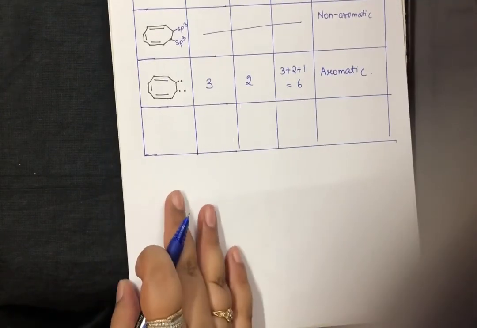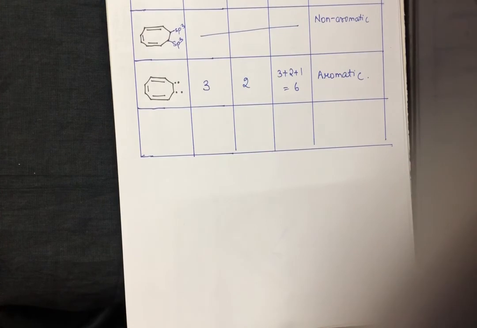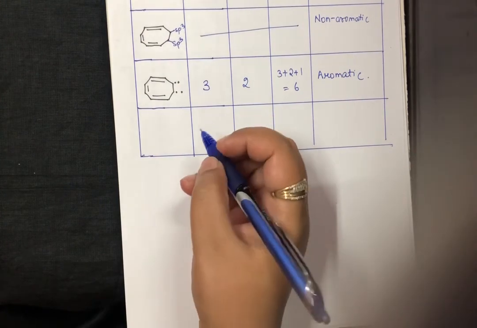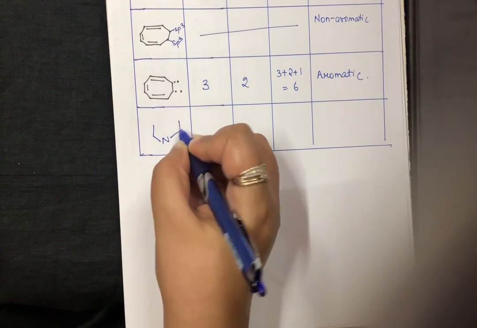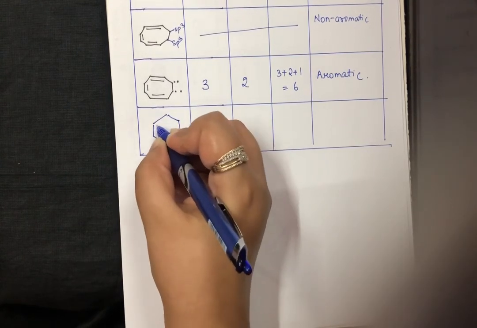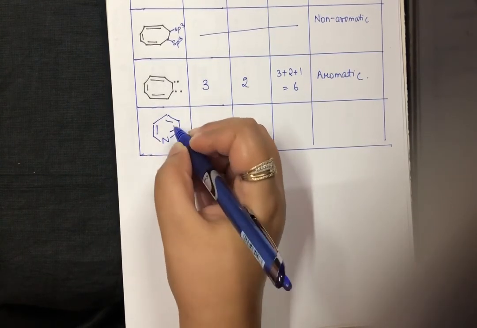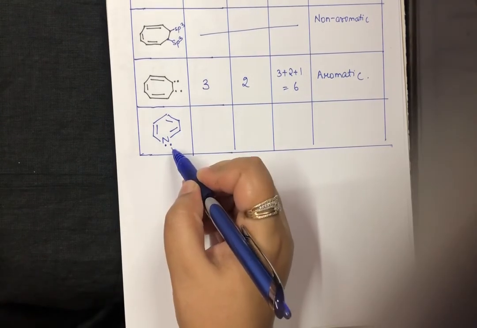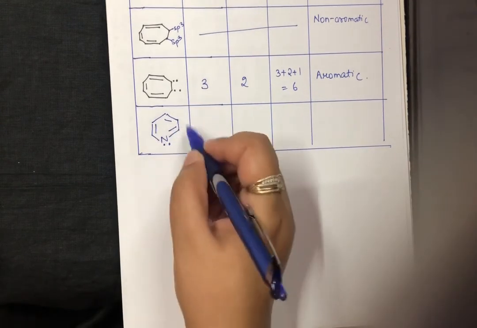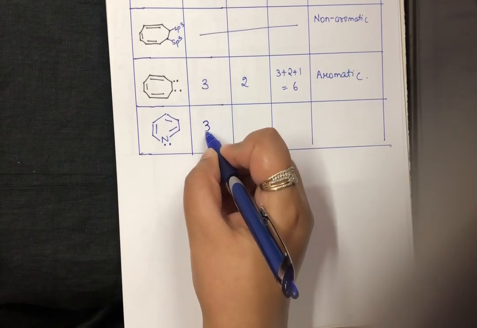Now, there are few more compounds which will be a little confusing. So I also want to take them up here. If I have a compound like this, now this is a heterocyclic compound wherein one of the carbon is being replaced by an electronegative element, that is nitrogen here. So now if I say how many pi bonds are there, there are 3 pi bonds here.